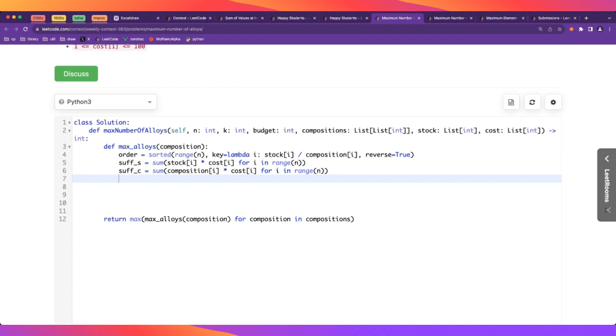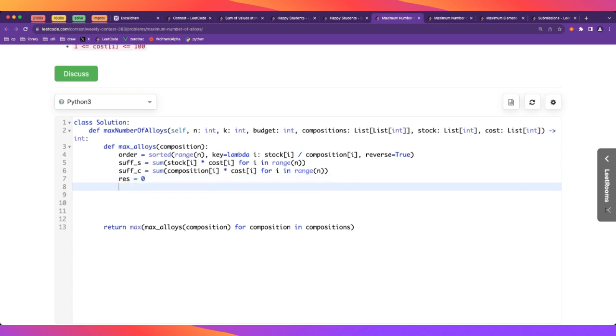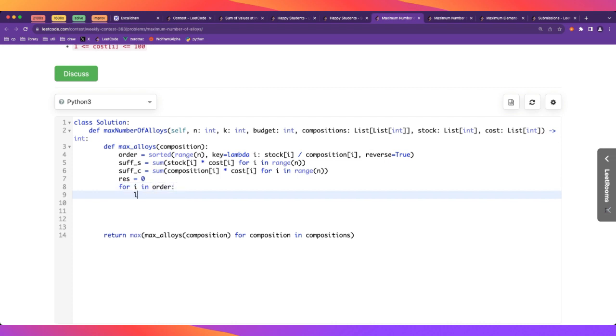So initially we could have that, so yeah, let's start with this, and for I in order, we want the lower bound to be the CL div, the CL division of the stock of I. And what is that?